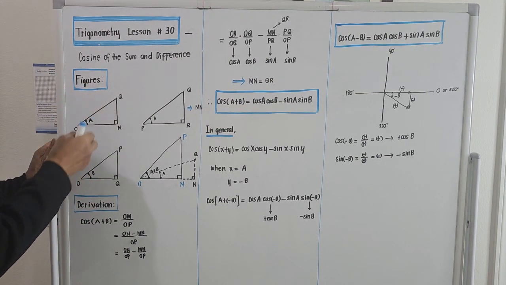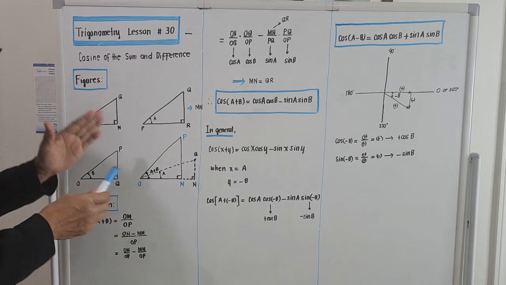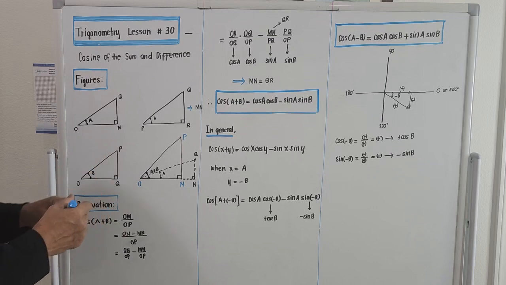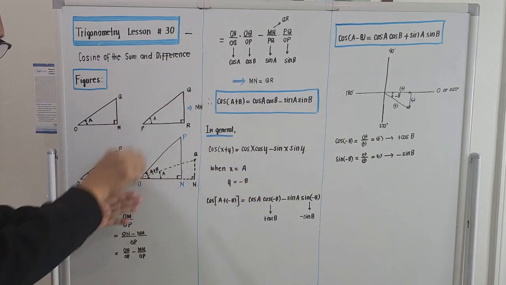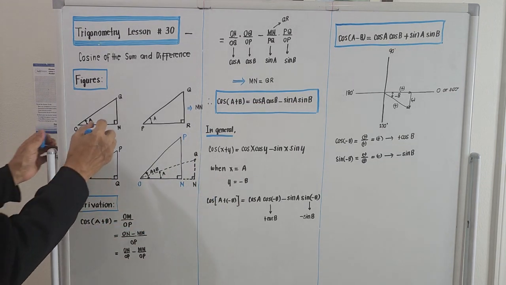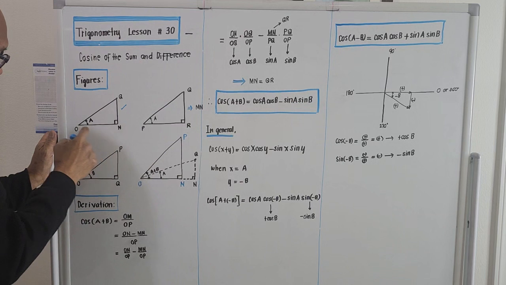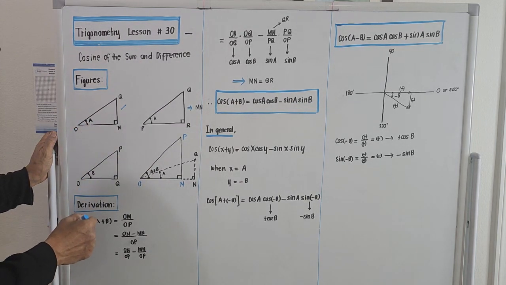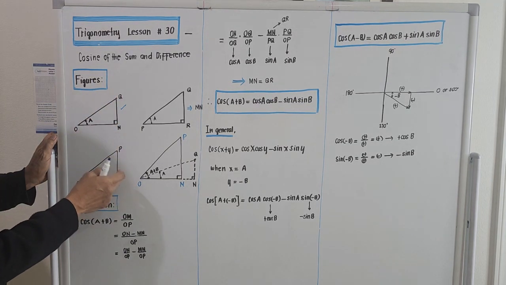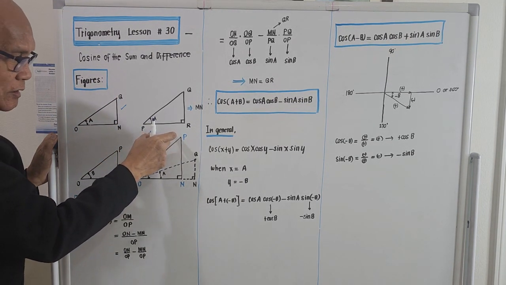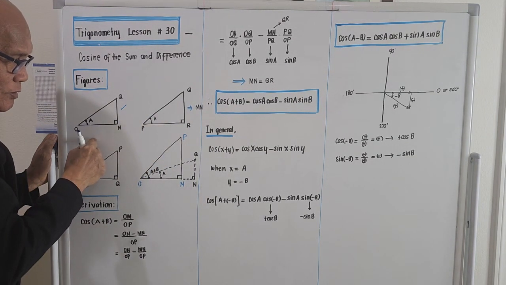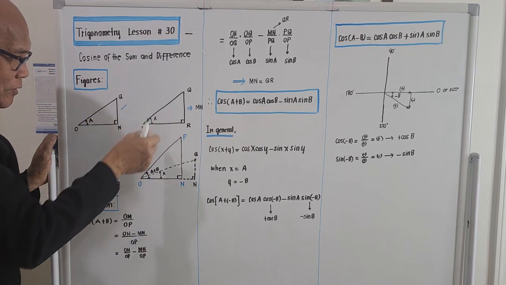For the figures, we still use the same figure as the last time around. I just brought out four right triangles from the circular figure on lesson number 28. This will be the first right triangle. It involves angle A. The corner notations are O and Q. This is still another triangle with the given angle A. It is different from this one, but their angles are the same.